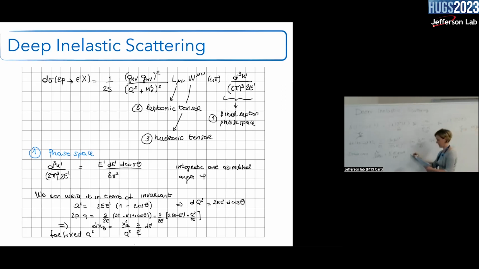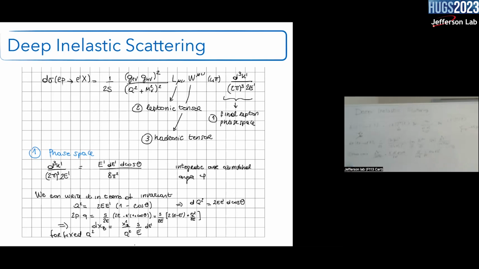This can be written in the end like y squared, can be written like Q squared divided by 2 s x_B squared 1/8 pi squared, and then the x, it's just a change of variable. You have to do the Jacobian. So that's the first bit that we need to write the cross-section.